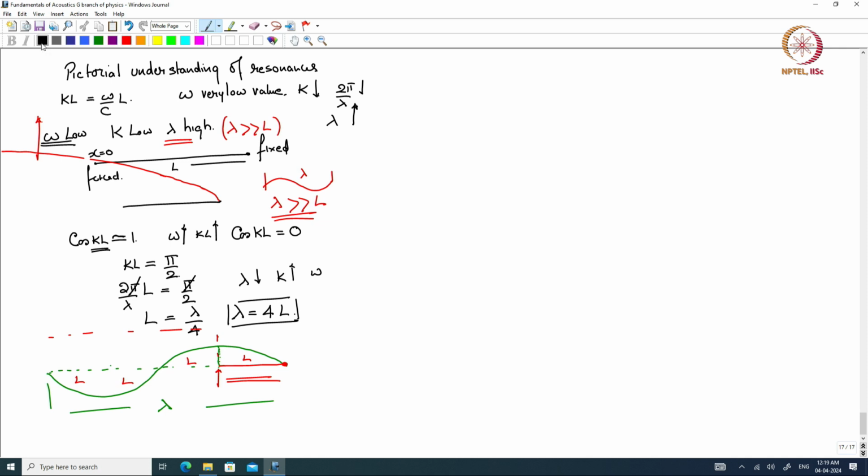If I make it bigger, if I take the relevant part of the string and draw it, this is my string fixed here and forced here, and the wavelength is moving like this and it reaches its first peak over here. That means what?